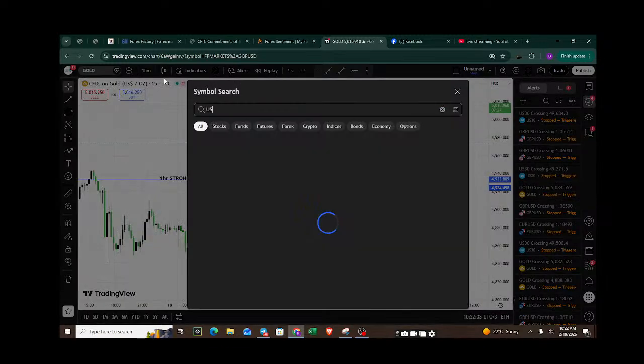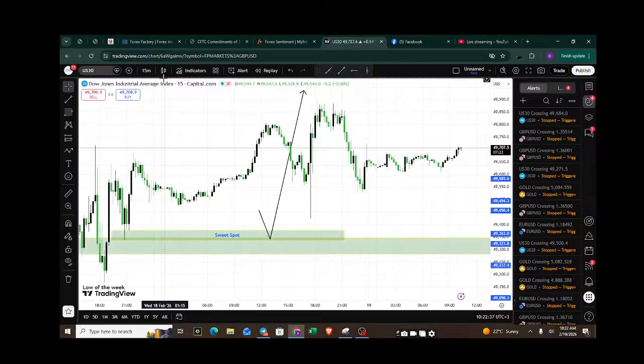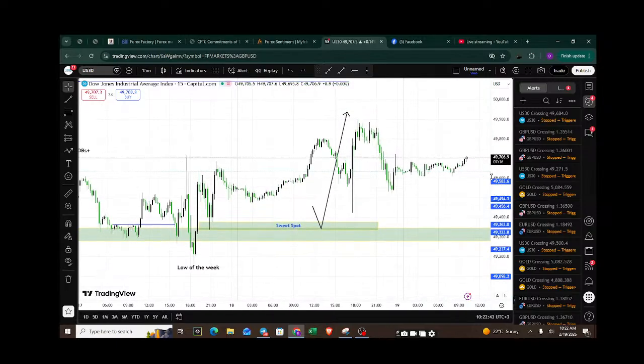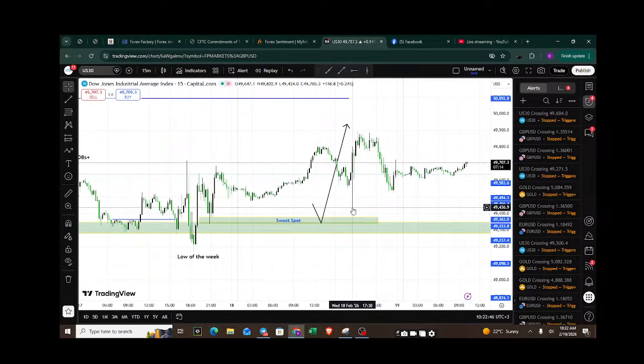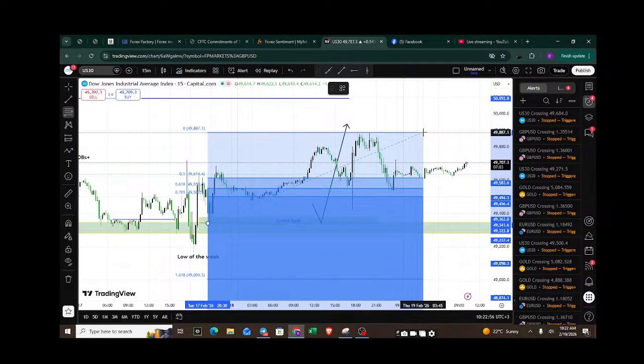So let us just first check USD. Our anticipation was that price was going to get to this level. But unfortunately, price never got to that level. So what did price do instead?